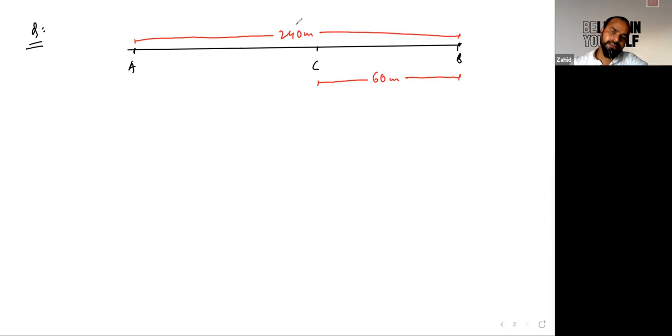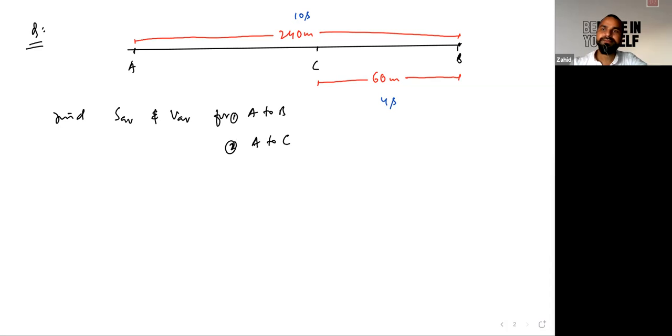If a body takes 10 seconds to go from A to B and 4 seconds to go from B to C, then find S average and V average for A to B, the first part, and A to C, the second part.